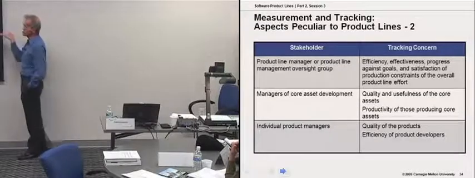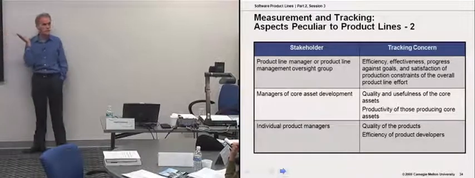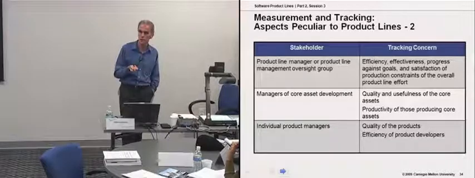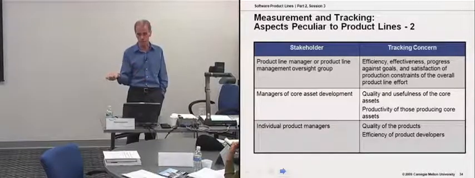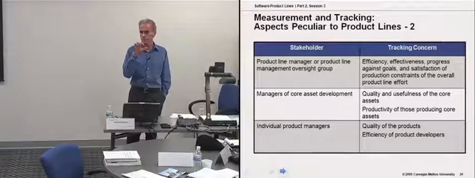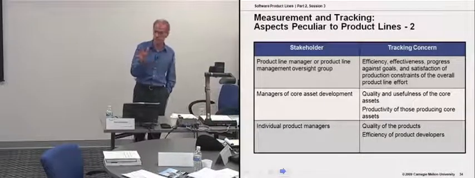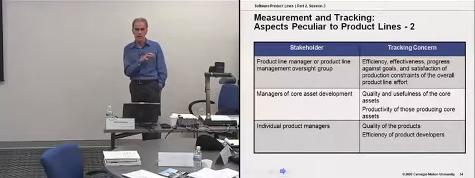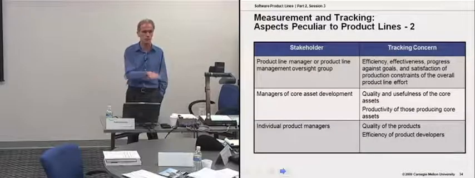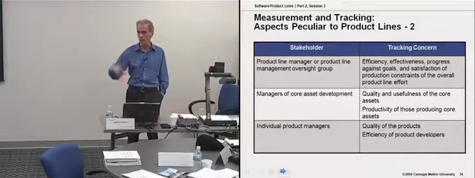Then the person in charge of core asset development should be keeping track of the quality of the core assets that are being released to product development and the usefulness of them. So if I've got a set of 10 core assets, let's say in my core asset base, and I find out that only 7 of them are being used across all the product development efforts, why aren't the other 3 being used?